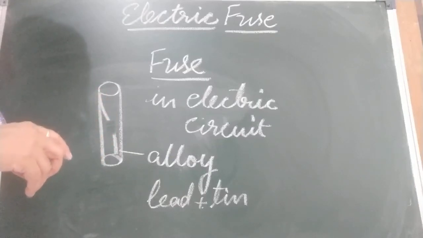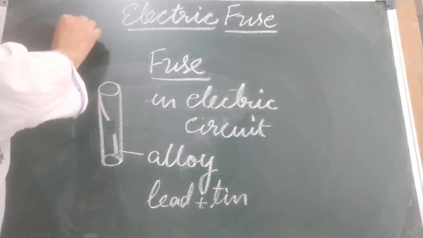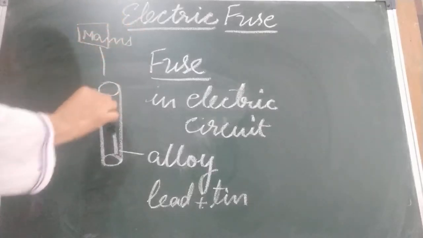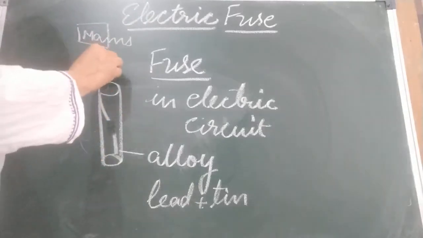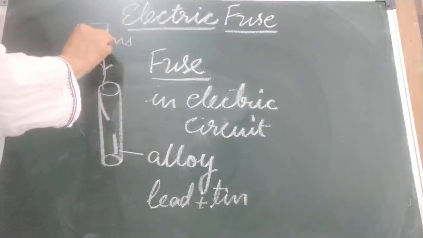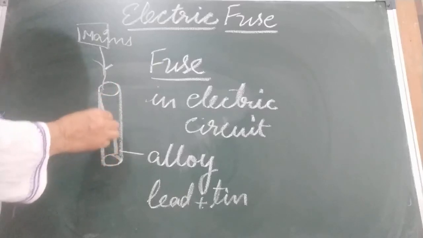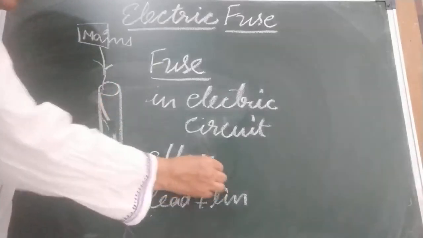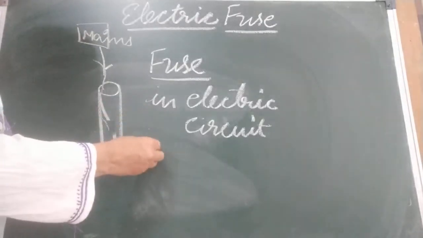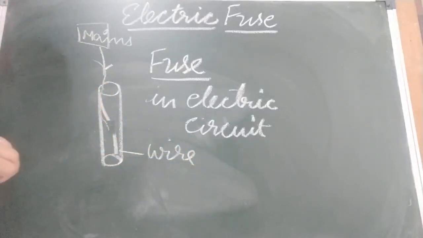An electric fuse prevents a large amount of current. Suppose this is the mains. The current is coming. This is our device. Suppose it is a mixie. Now all of a sudden too much current is coming. But when it passes to this fuse, this wire which is placed here is going to break.